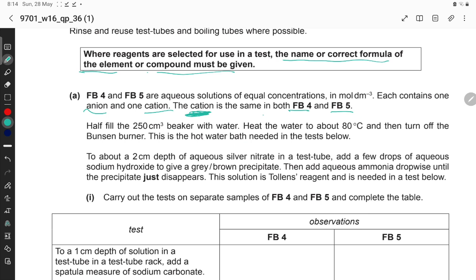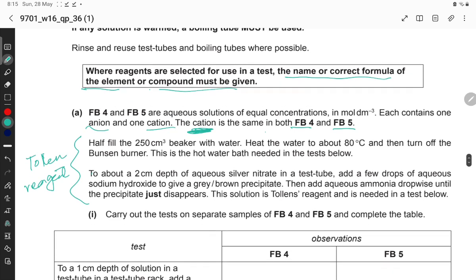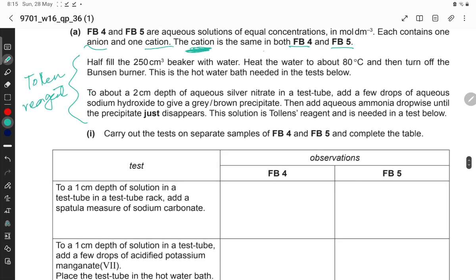Half fill. This is the preparation of Tollens reagent. Heat the water to about 80 degrees centigrade and then turn off the Bunsen burner. This is the hot water bath needed in the test below.